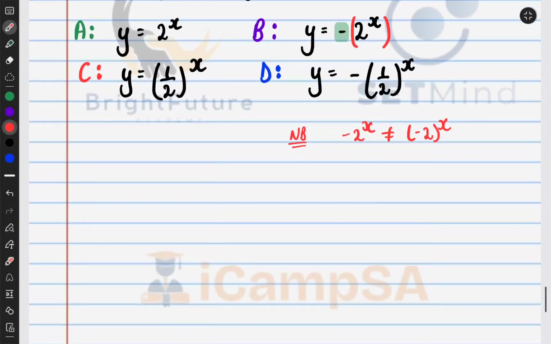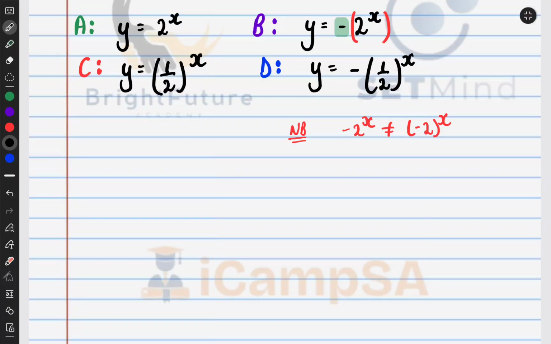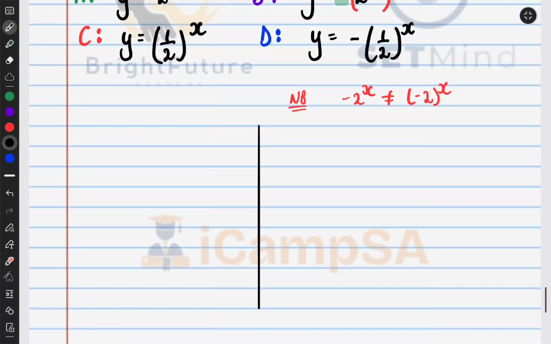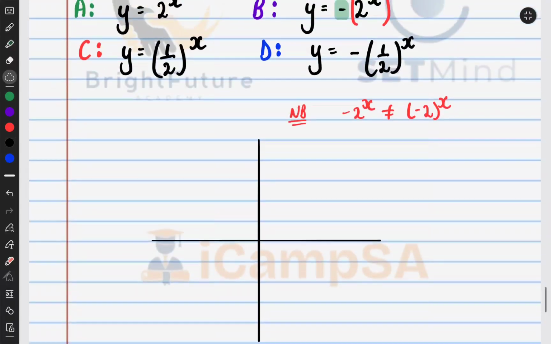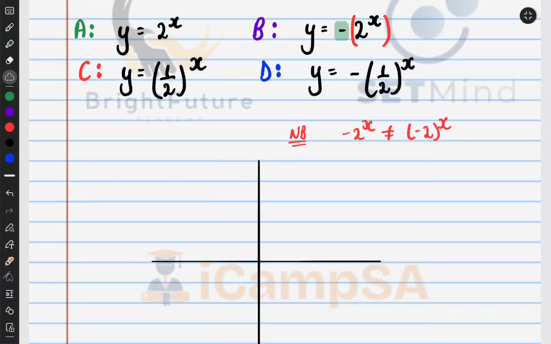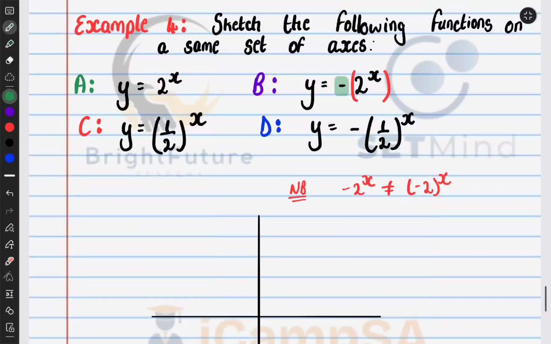Okay, now let's go ahead and sketch these functions on the same set of axes. You already know that for the functions a and b, the restriction is b is greater than 1, and for this one, b is greater than 0 but less than 1.